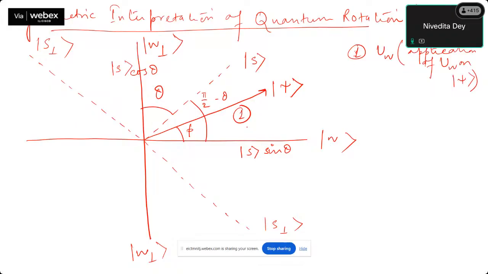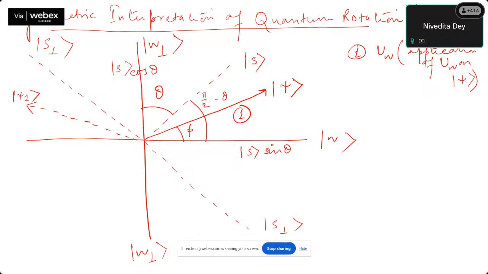So on application of UW on psi, it will actually go to psi 1, right? So it will be going to your psi 1. And this is something like that. Say, here it is. So this is your psi 1.